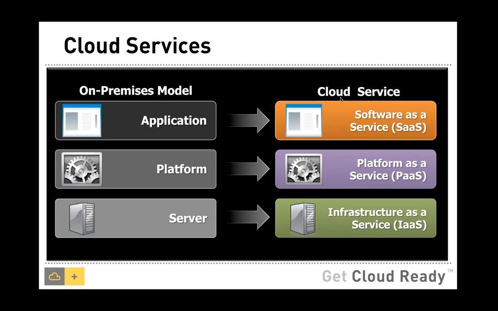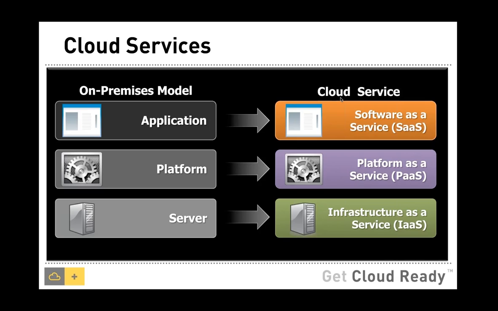Applications on premises are turning to be software as a service. The traditional word processors, the traditional CRM applications, ERP applications, even supply chain management, enterprise application, business intelligence, collaboration, all those models are now delivered as software as a service. Traditional platforms, .NET, J2EE, or Spring, or Ruby on Rails, or Python, PHP, now all of them have evolved into what is called platform as a service or PaaS.